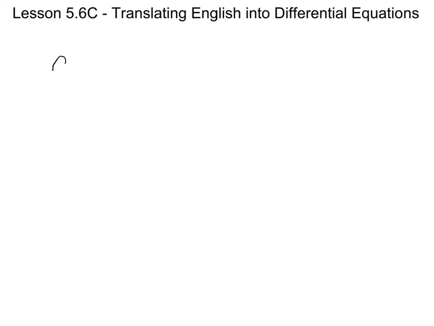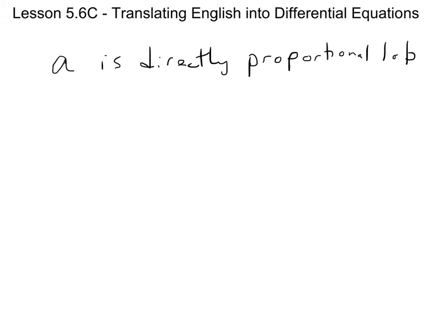If someone says that A is directly proportional to B, what it means is that A is equal to B with some proportionality constant in between.